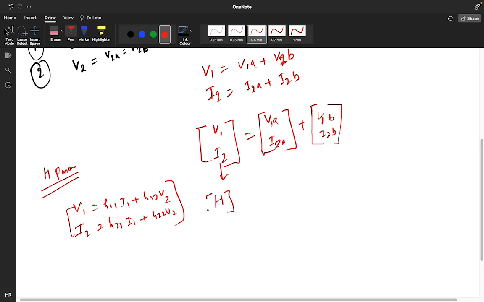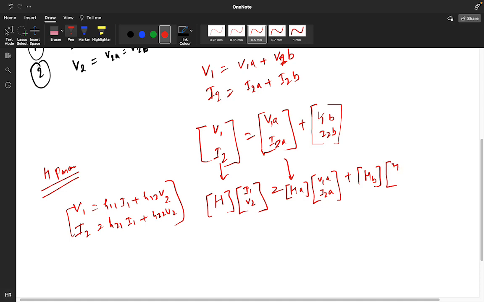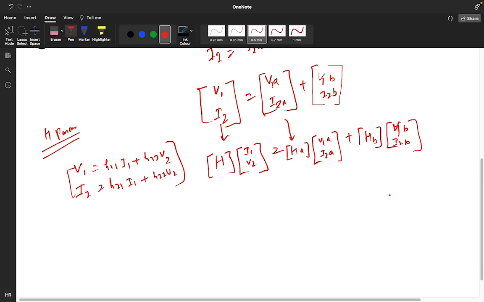So I am taking the H parameter like this, with I1 and V2, correct? And if you solve this, you will get the HA parameter, right? And this will be V1A and I2A, and this will be the HB parameter, and you will get V1B and your I2B.